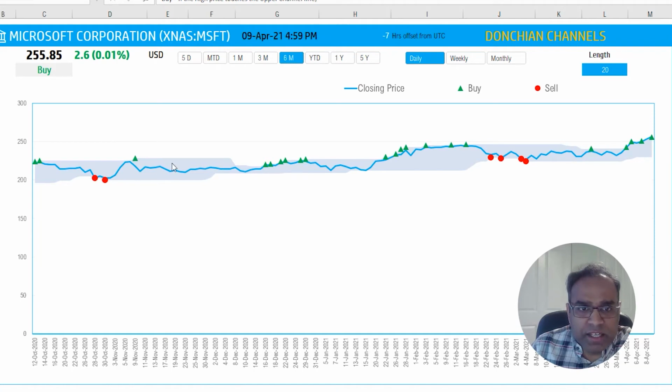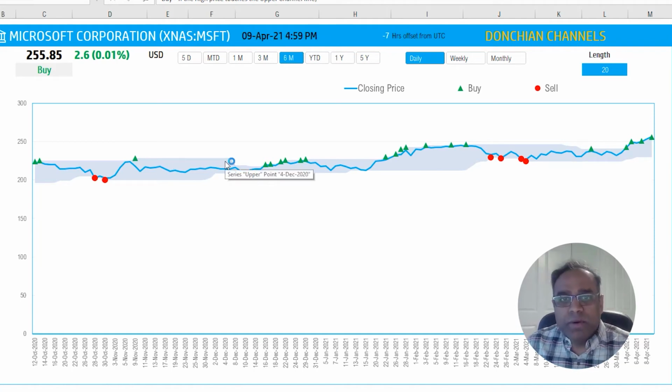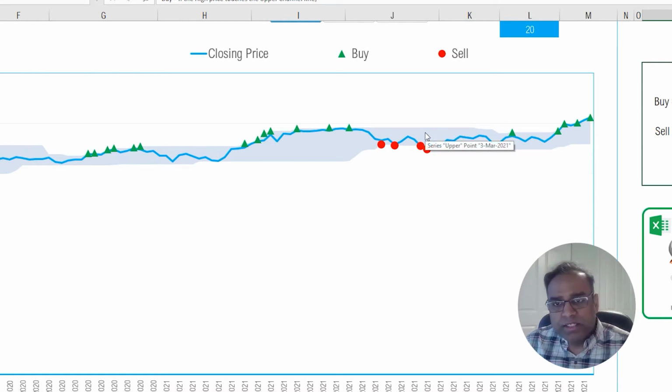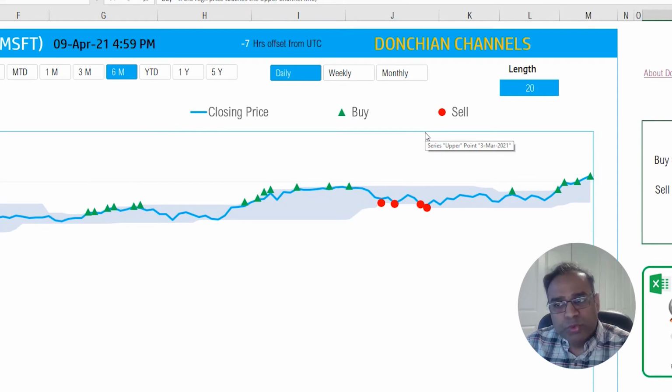The upper channel line is the upper part of this shaded gray area. Keep in mind that the high price is what we use for the calculation, and what we plot on the blue line is the closing price. So the high doesn't have to be equal to the closing.